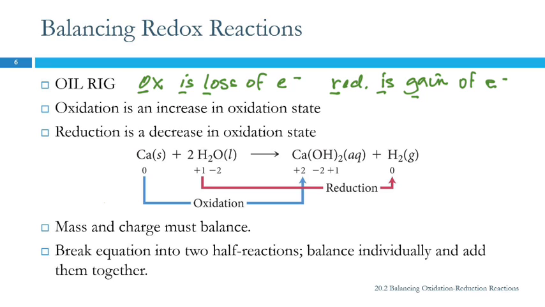We can also think about it in terms of oxidation state. And this is where the words actually came from. An oxidation results in an increase in the oxidation state. A reduction is a decrease or a reduction in the oxidation state.